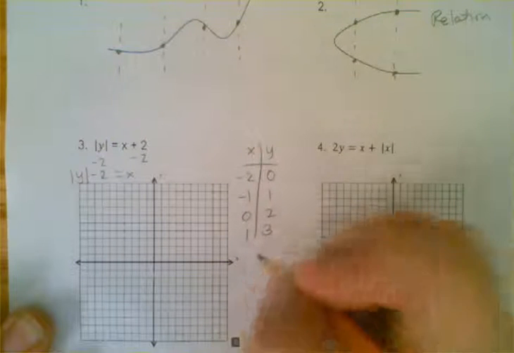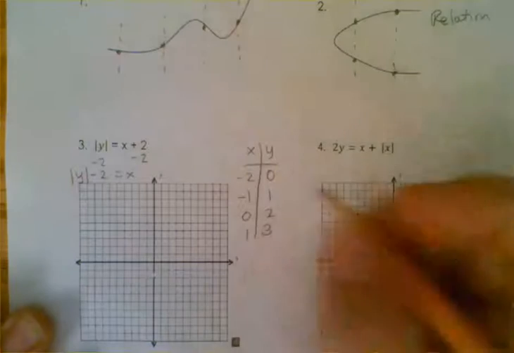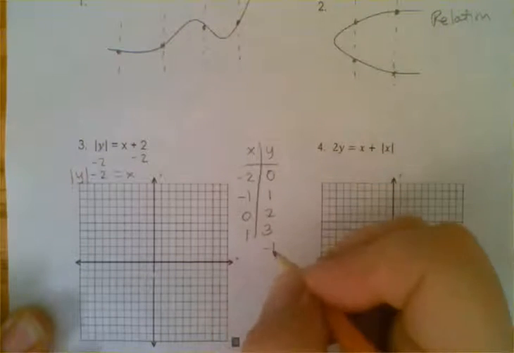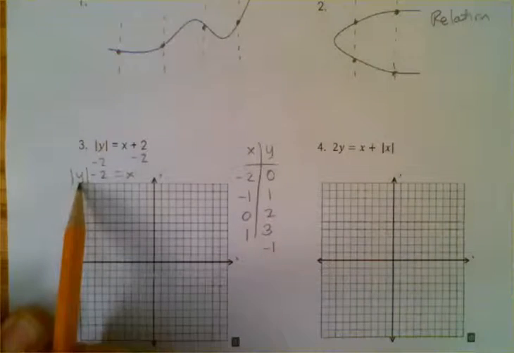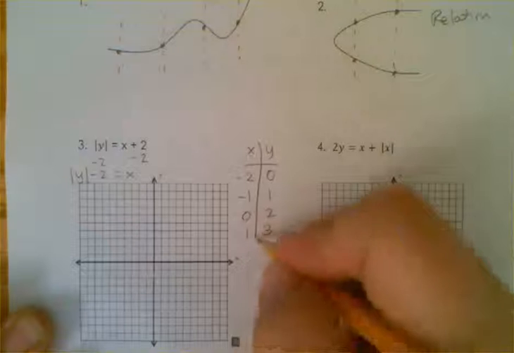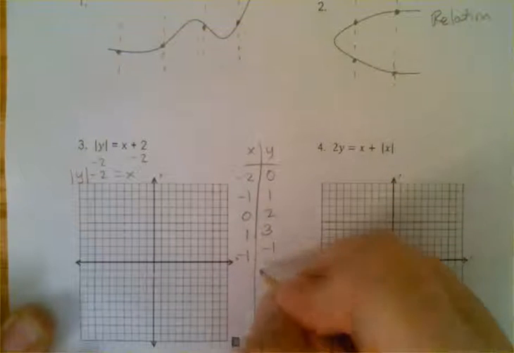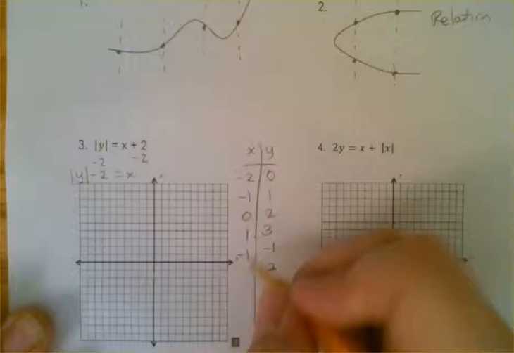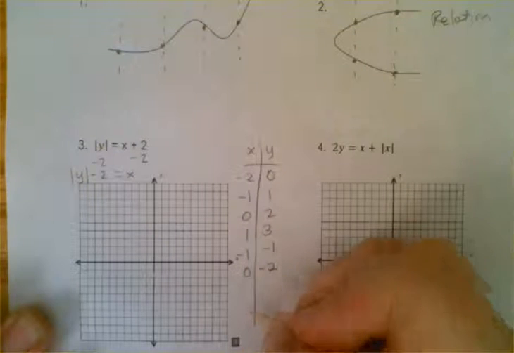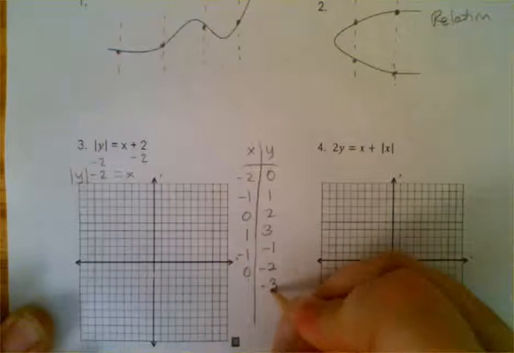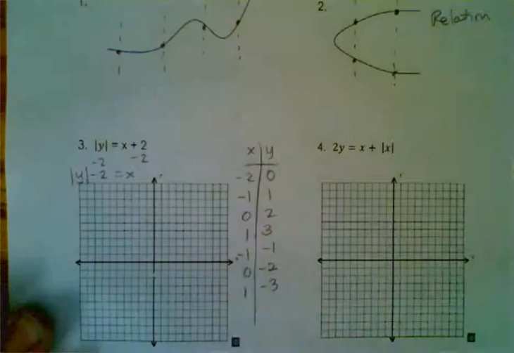It looks like I'm going to continue with this pattern, so I'm going to go below 0. If I put in a negative 1, I actually get out a negative 1. If I put in a negative 2, I get out a 0. Put in a negative 3, I get out a positive 1.